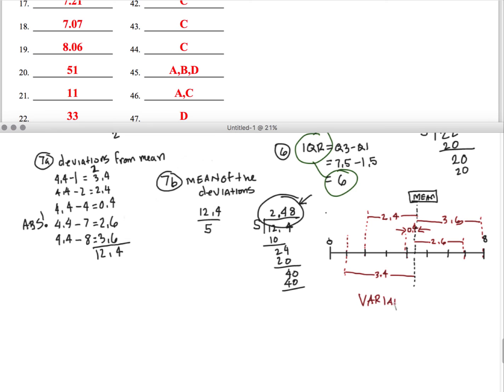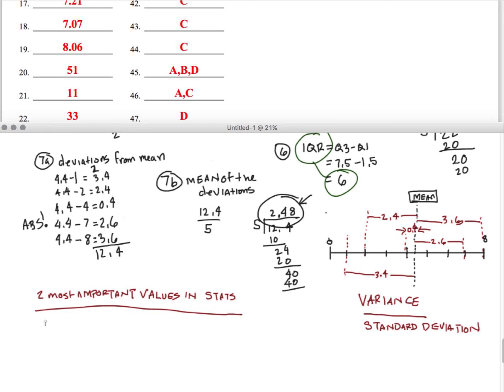And these are related to a concept that we talk about that is called the variance and the standard deviation. It's a simplified version, and that's why we introduce it now, because the variance and standard deviation are a little more complicated. But it's best to start here, because in statistics, the two most important values are going to be, number one, of course, the mean or the average, and number two, the variance.